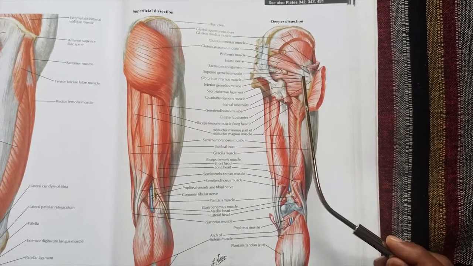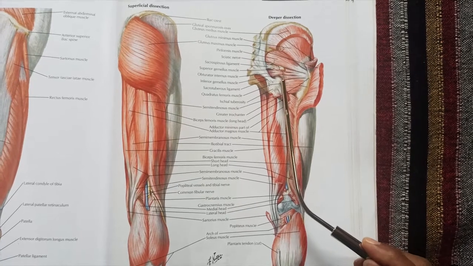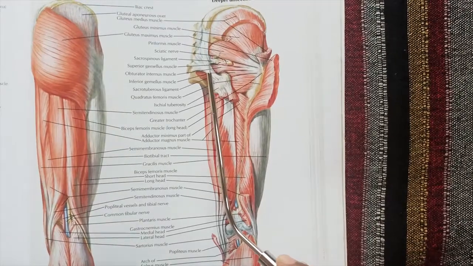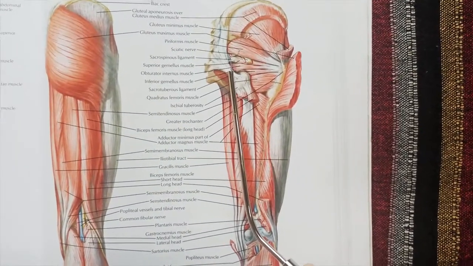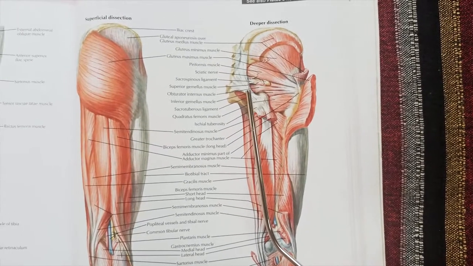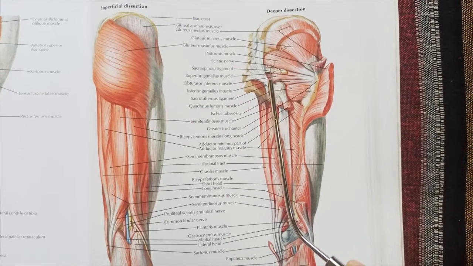Now if we consider structures which are present below piriformis muscle, we can find here the sciatic nerve, the posterior femoral cutaneous nerve, and the PIN structures medially, which are lying over the ischial spine. From medial to lateral, they are the PIN structures: pudendal nerve, internal pudendal vessels, nerve to obturator internus.